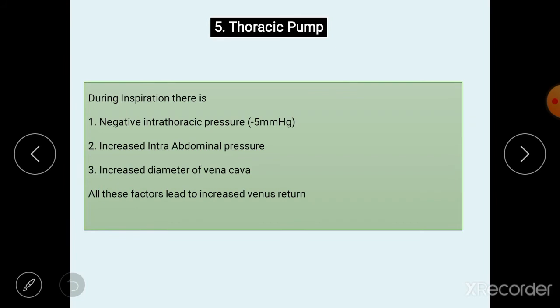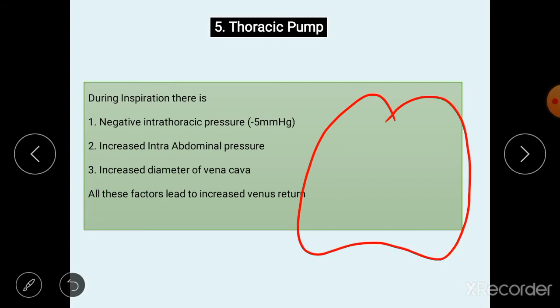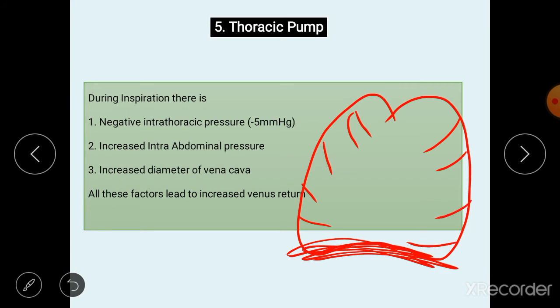Then we have the thoracic pump. As you know, your thoracic cavity is a closed cavity with the diaphragm at the bottom, and this is your rib cage. Your heart is also present within your thoracic cavity. Every time you inspire, your rib cage expands as a closed chamber.